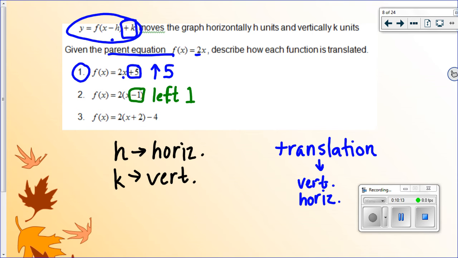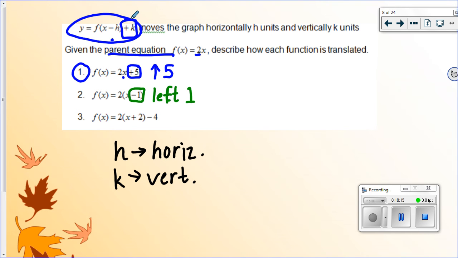But hold on a second. If I remember my point slope form, y equals y sub 1 plus m, or my slope, times x minus x sub 1, or some point that I've chosen. So if I want to write an equation of a parallel line, and translations are always going to result in parallel lines, I'm just moving up or down, right or left, my slope stays the same.